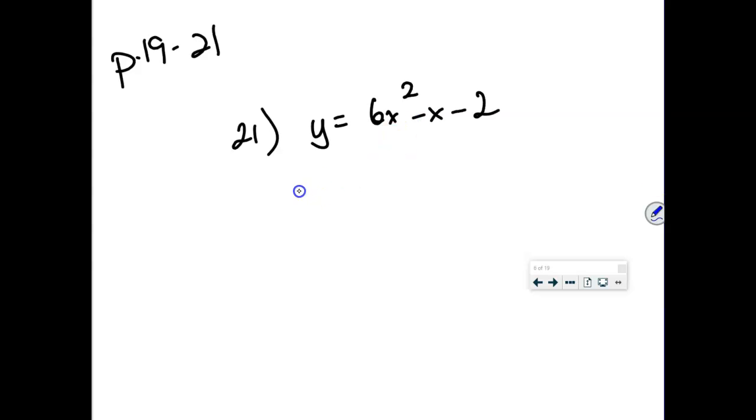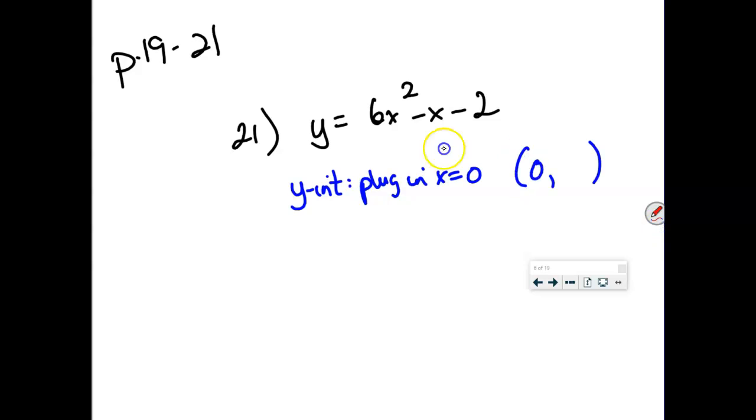So if I ever ask you guys to find y-intercepts, that's where your parabola is going to cross the y-axis. So by definition, that is where your x equals 0. So you're supposed to plug in a 0 for x. So think about that. Plug in a 0 here, plug in a 0 here. You get 0 minus 2, better known as negative 2.